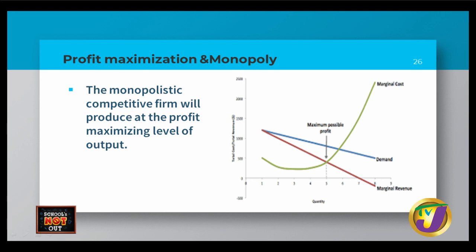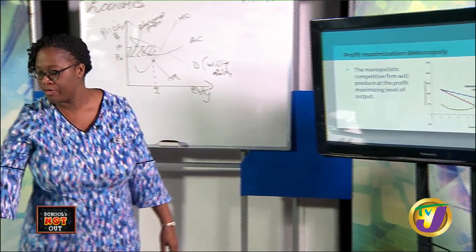Now, the diagram for the monopoly and monopolistic competition are the same. So again, here, the profit maximization rule applies to the monopoly. Profit maximization will occur where the firm is producing where marginal cost is equal to marginal revenue.